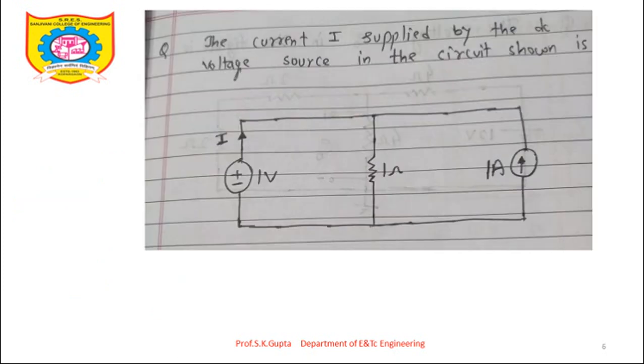Now let's look at one more numerical, of a similar type. The current I supplied by the DC voltage source in the circuit shown is? Again we have to determine this current. The same thing, these combinations are connected in parallel. So here it is 1 volt, and here also we will have 1 volt.